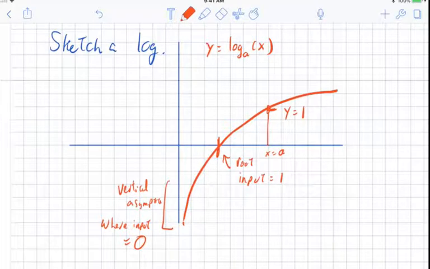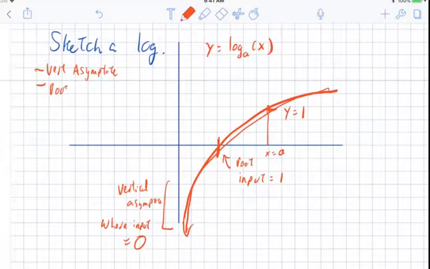I just want you to remember the shape, though. It always has this vertical asymptote. It gets steeper and steeper and steeper, and there's no end. All the way down. So, vertical asymptote. There's a root when the input is equal to 1.